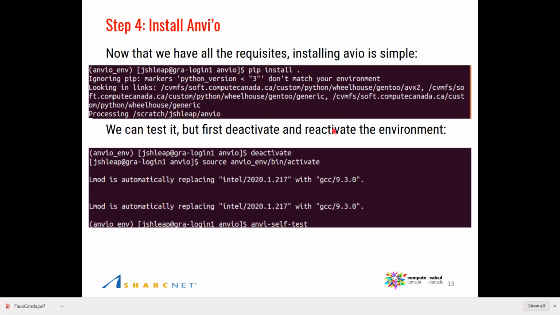Some packages do not have a setup.py, in which case you will need to do some extra steps, but we're not going to cover it in this particular webinar. Okay, and then you can test if it works. In this case, I would recommend to deactivate and reactivate the environment. So you deactivate, you get out of Annovio, then you source the environment again, and then Annovio has its own test.